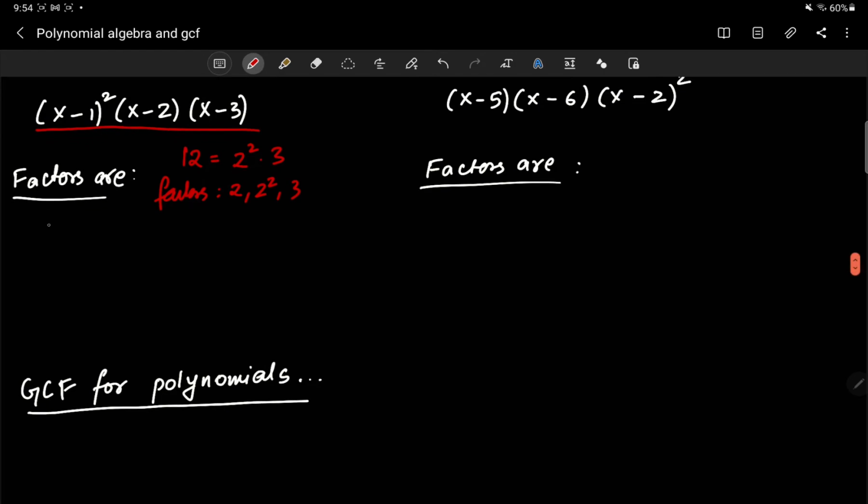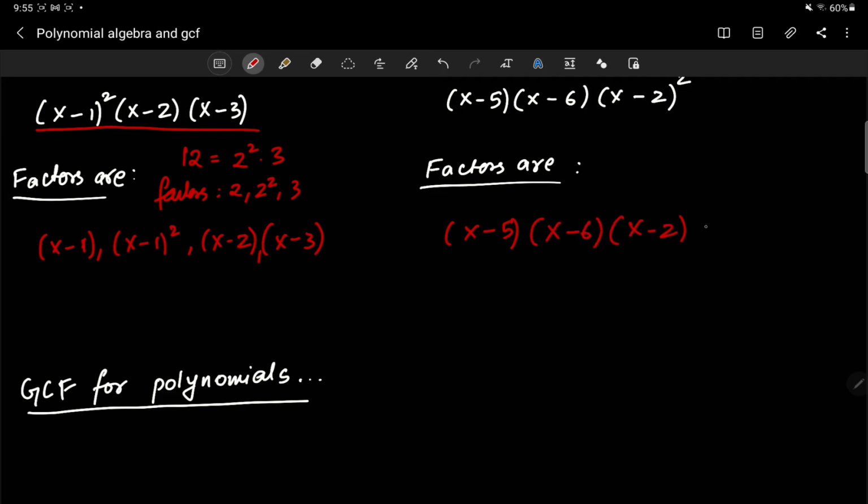So over here, for example, the factors are x minus 1, x minus 1 squared, x minus 2, and x minus 3. And the factors for this other one are x minus 5, x minus 6, x minus 2, x minus 2 squared.